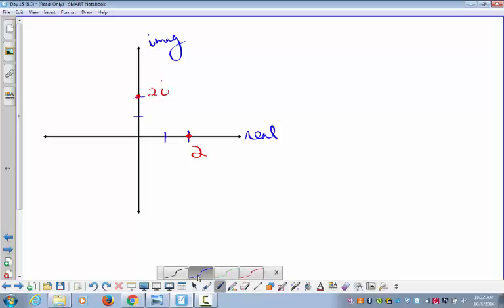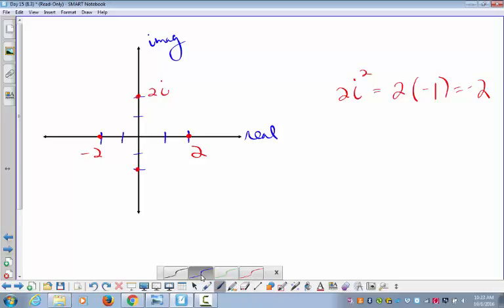And using the definition of i, if we multiply that by i, we would get 2i squared, which is going to be 2 times -1, which will be -2. That is over here. You agree? -2. And if you multiply that by i, you would end up right here.